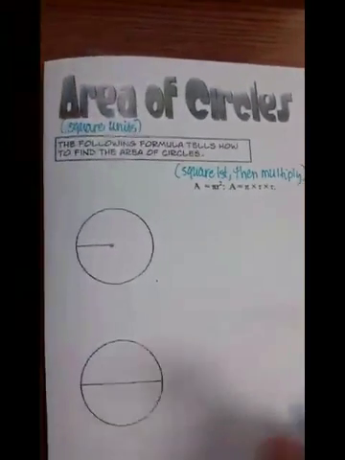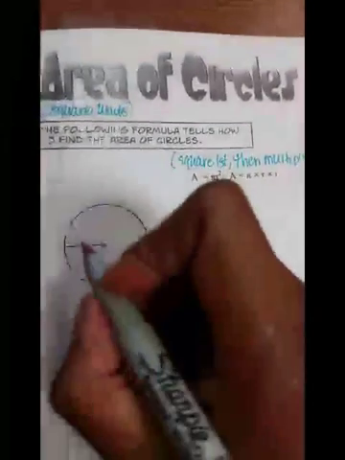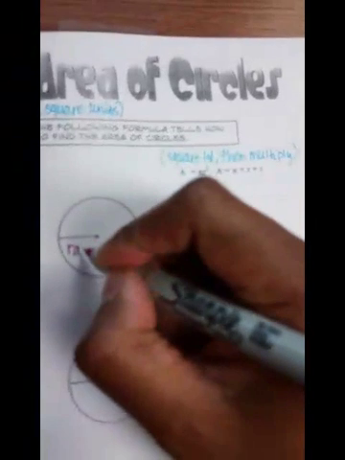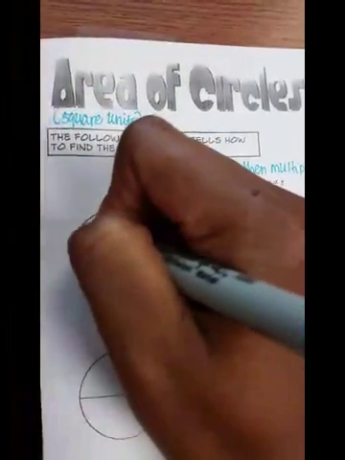Okay. Now, this first circle here is showing us the radius. And I'm just going to pick a number and label it. I'm going to do 4 feet as my radius.